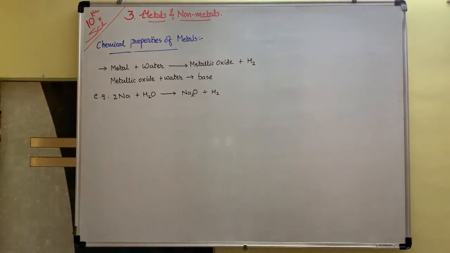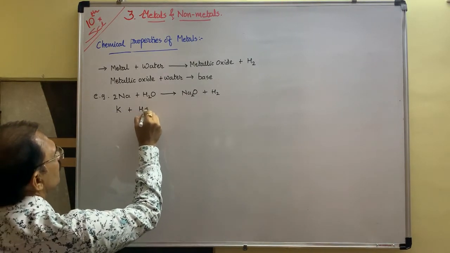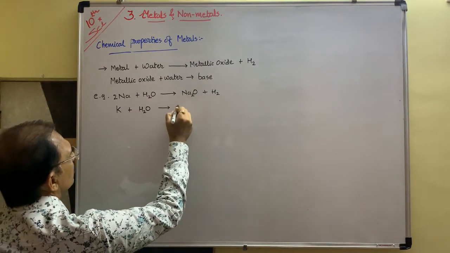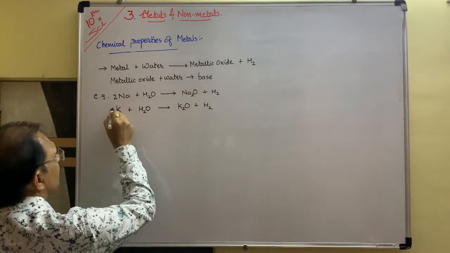Potassium, suppose when potassium reacts with water, it forms KOH, potassium hydroxide, and some amount of heat energy is also formed. Potassium when it reacts with water forms what? K2O, potassium oxide, and hydrogen gas is released.